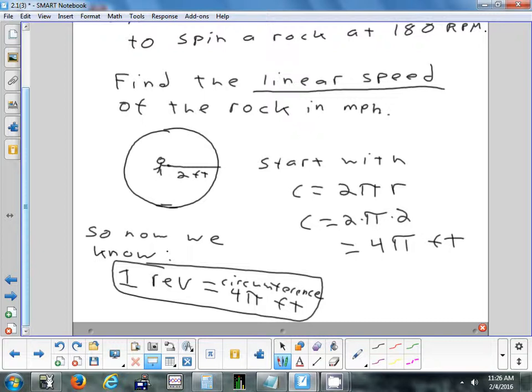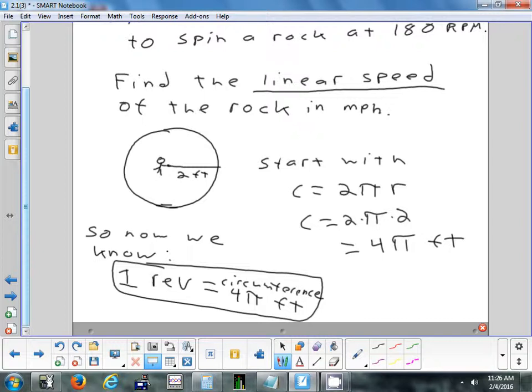Now, would that be the same for every problem? For example, there's always 60 seconds in a minute, 60 minutes in an hour, and 24 hours in a day, no matter what problem you do. But is there always this many feet in a revolution? No, it depends on the size of the rope. It depends on the radius. Smaller radius, smaller circumference.